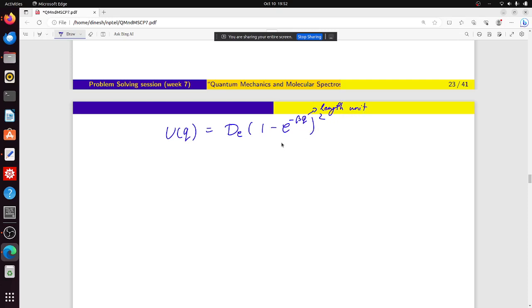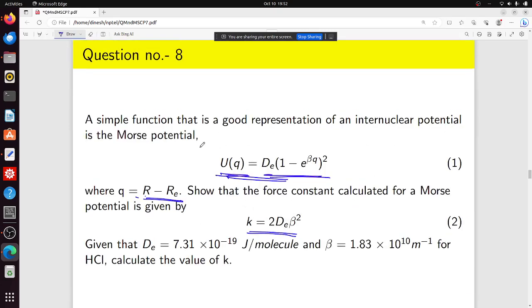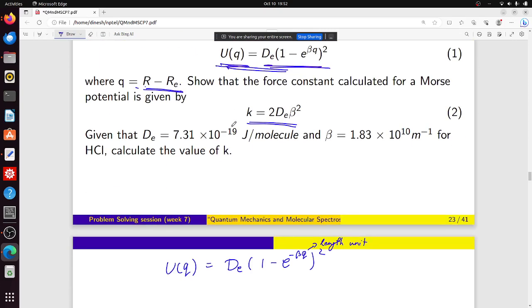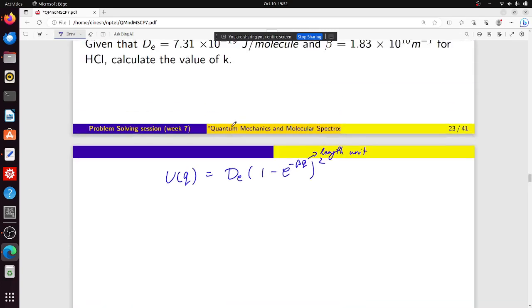Okay, so this potential is given. Now, for a good approximation we can approximate this potential to be like a simple harmonic potential. So for that, let's do one thing. Let's expand this e to the minus βq.